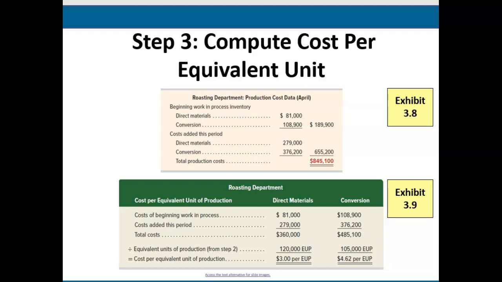To compute cost per equivalent unit, we add cost for beginning work in process to costs added this period, and then divide by equivalent units of production from Step 2. Exhibit 3.9 shows this separately for direct materials and for conversion. The cost for direct materials is $3 per EUP, and for conversion is $4.62 per EUP.